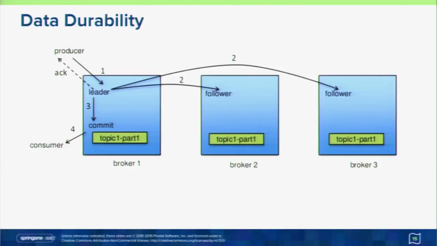Then broker 2 and broker 3 are consuming the data from the leader, broker 1. They read the data as fast as they can, taking the message off. Pretty much simultaneously, they read that message that came in, and they also commit it to their local brokers. When they do that, each of them increments its offset.